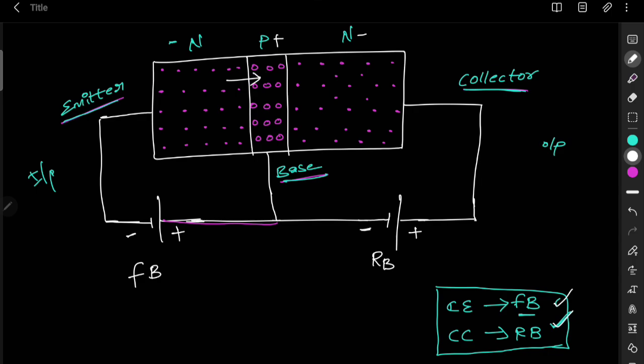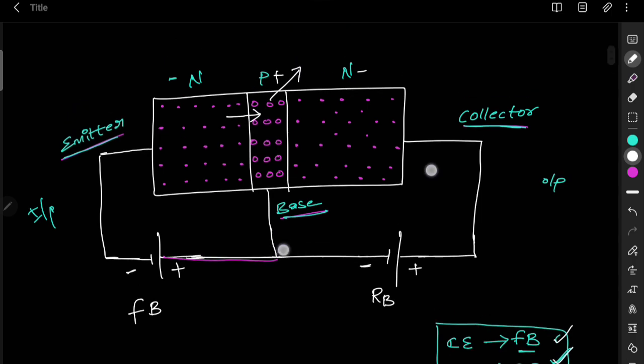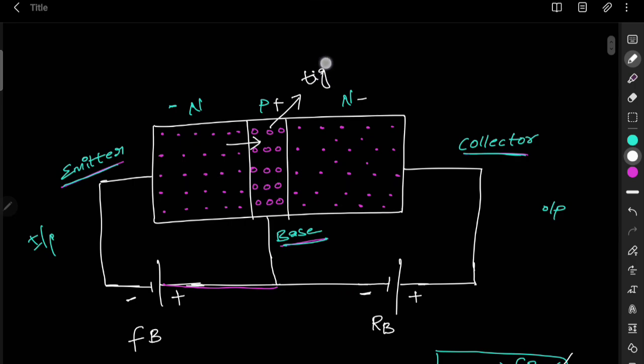The main thing is that the base is very lightly doped and very thin, so only a very small amount of electrons recombine with the holes, and the majority of the electrons remain because it is lightly doped. All the remaining electrons move towards the collector, the output section, which is under the reverse bias.